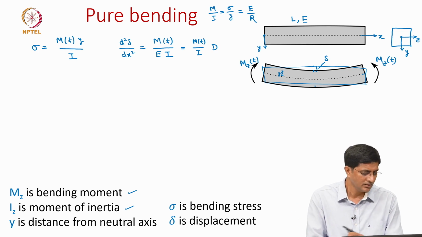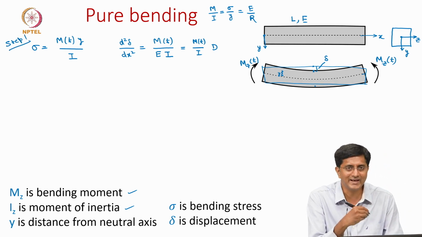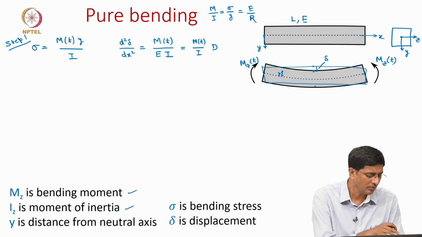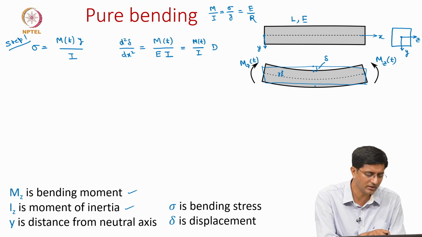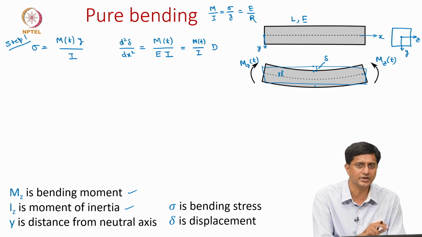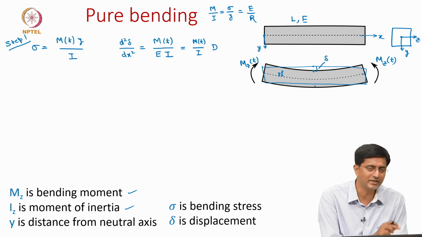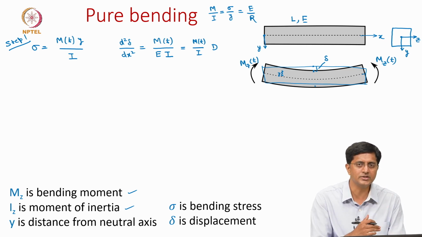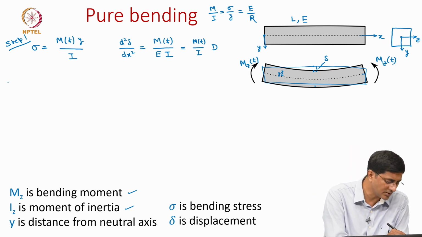We will call this step 1, where these are the elastic solutions for the problem. We have found the elastic solutions for the bending stress sigma and the deflection in terms of the second derivative. First let us focus on the bending stress and try to solve this following the correspondence principle. So, what are the second and third steps?